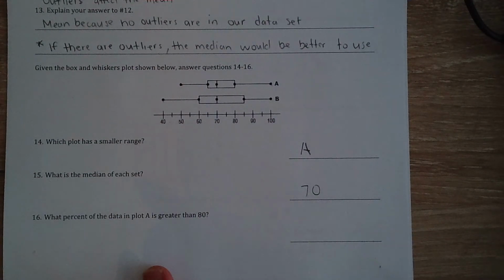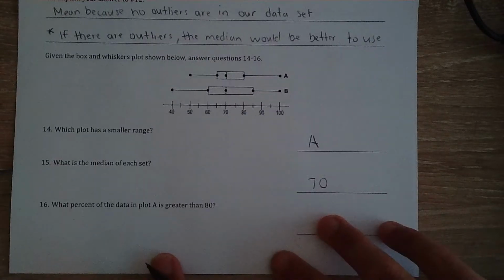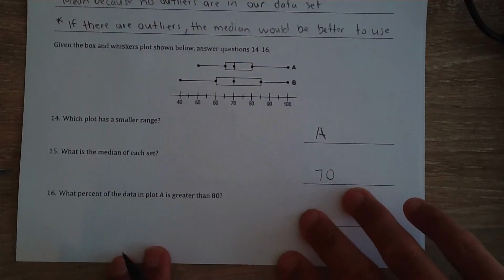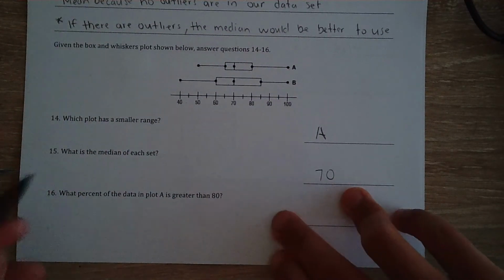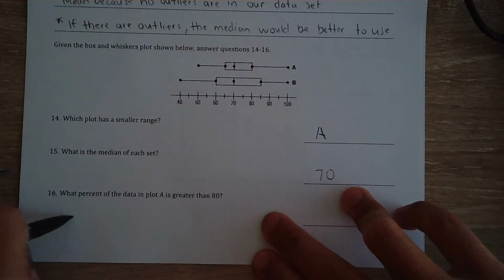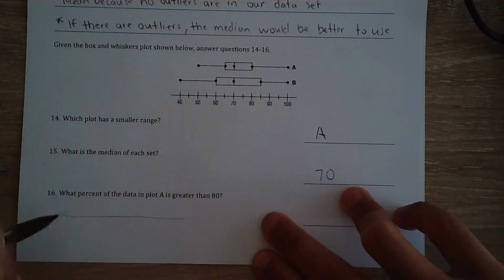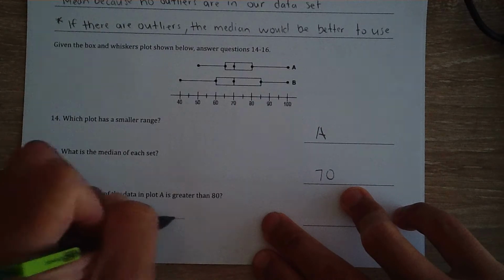All right, number 16. What percent of the data in plot A is greater than 80? All right, so this one's a little bit tricky. But first, let's think about what exactly the median and the quartiles do. So for instance, let's just say we had a list of numbers represented by this line.